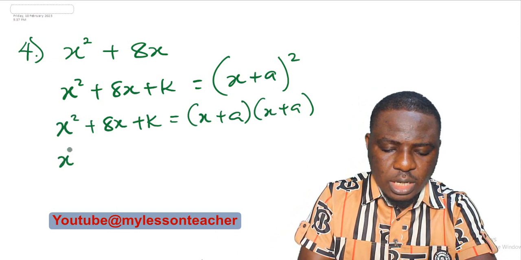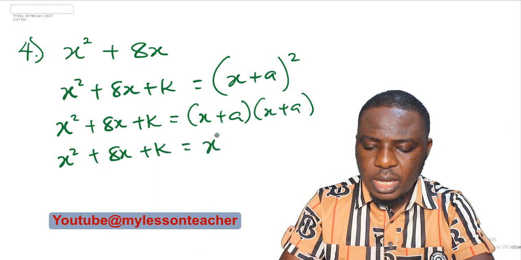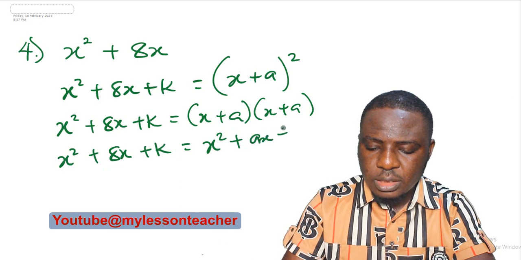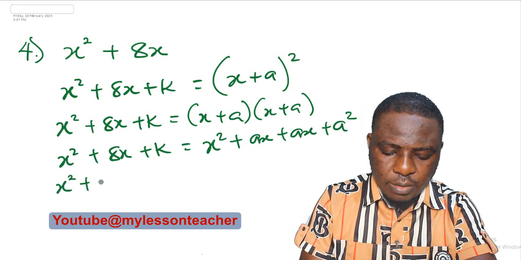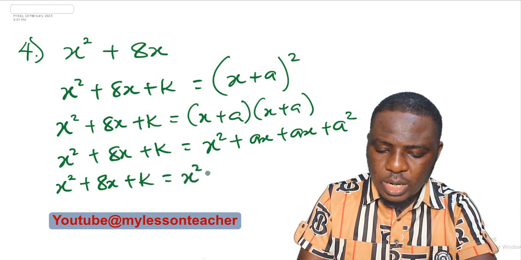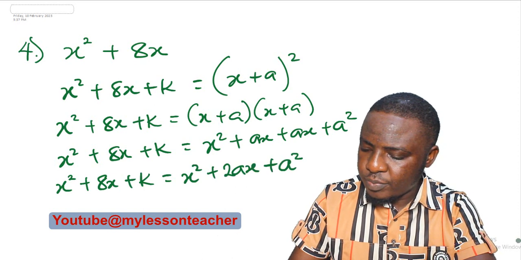This becomes x squared plus 8x plus k to be equal to x squared plus ax plus ax plus a squared, which gives us x squared plus 8x plus k being equal to x squared plus 2ax plus a squared.